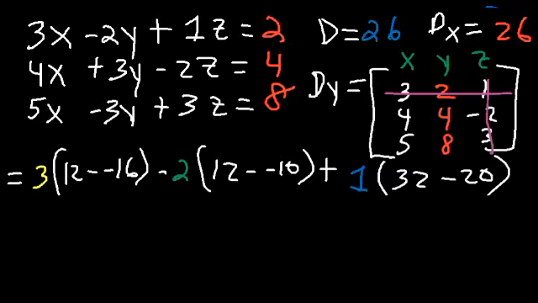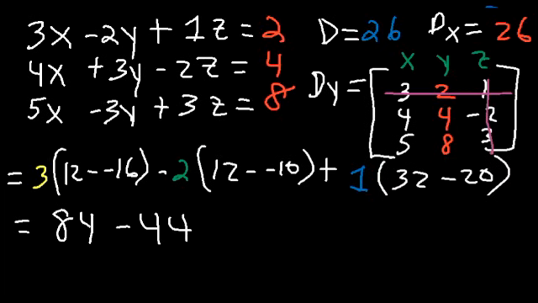So let's go ahead and calculate this result. So 12 minus negative 16 is 12 plus 16, which is 28. And 28 times 3 is 84. 12 minus negative 10, that's 12 plus 10, which is 22, times negative 2, that's going to be negative 44.